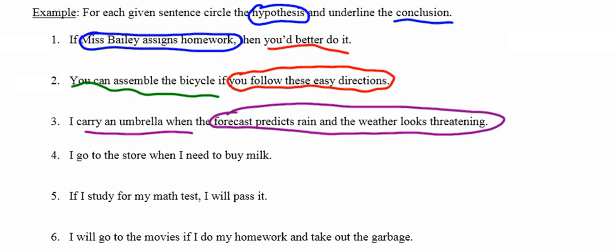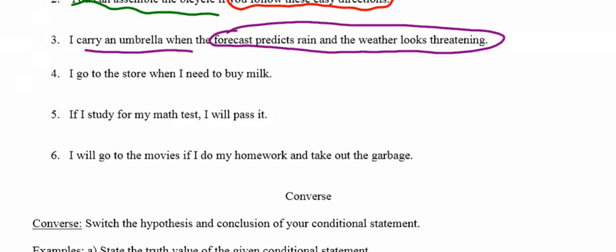At this point, I'm going to let you go ahead and circle the hypotheses and conclusions for the last 3 remaining statements. So go ahead now, pause your video, and circle and underline for problems 4, 5, and 6.